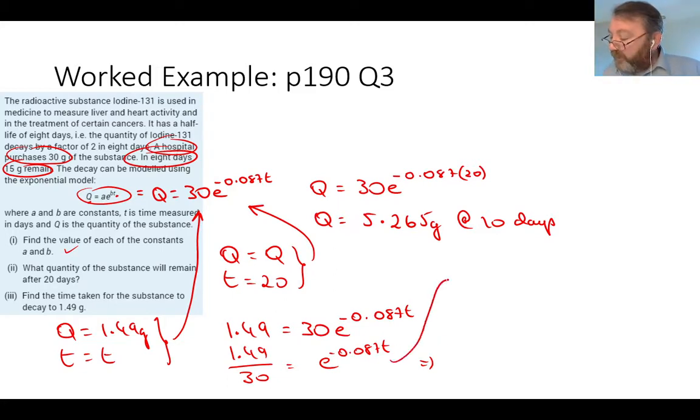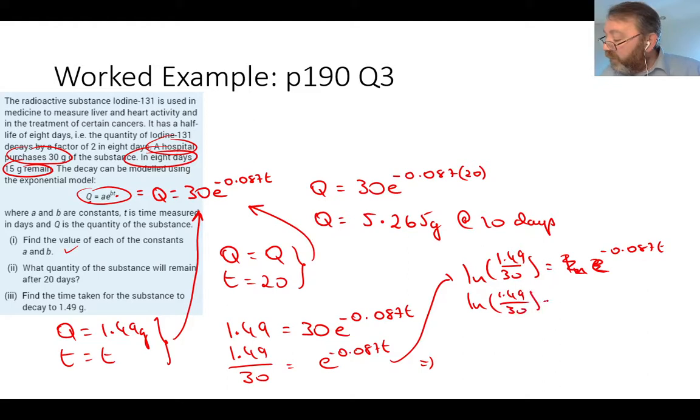Let's just bring that up here. The natural log of 1.49 over 30 is equal to the natural log of e to the minus 0.087t. Look what happens. Natural logs and exponents, whenever they meet, they cancel. So you get the natural log of 1.49 over 30 equals minus 0.087t.